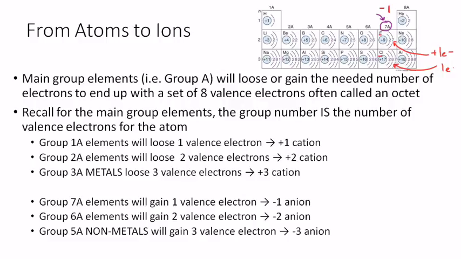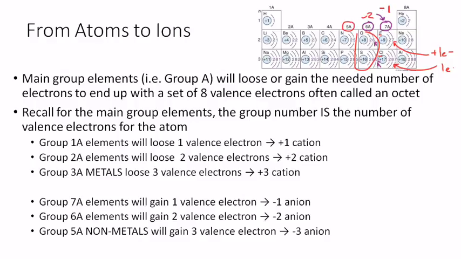The other 2 groups I want to take a look at: 6A has 6 valence electrons. You can see 6 valence electrons. And so to get 8, we're going to add 2 electrons. And if we add 2 electrons, then they're going to run around with a -2 charge. That's what these guys are. And then nitrogen and phosphorus, 5A.